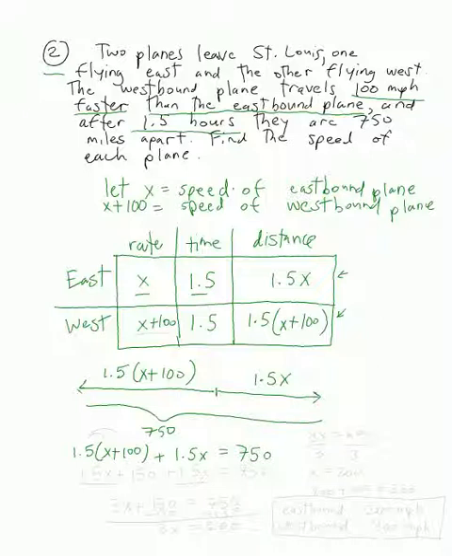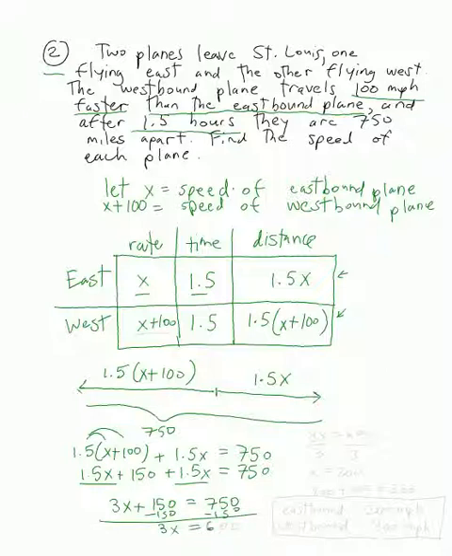So let's distribute. 1.5 times x is 1.5x. 1.5 times 100 is 150. Combine my like terms, we get 3x plus 150 equals 750. Subtract 150.